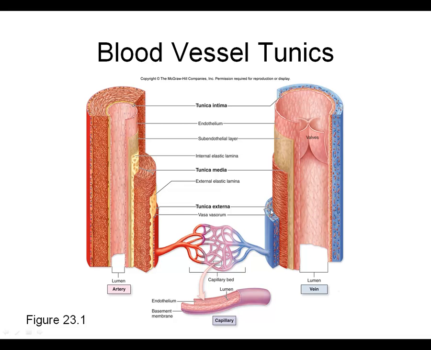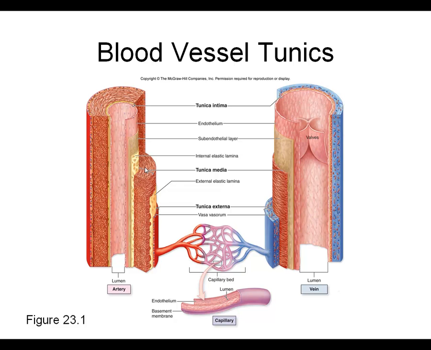It's going to house the vasa vasorum, and it's also going to house some nerve fibers, and those nerve fibers are very important in supplying the smooth muscles, the sympathetic innervation. In very rare cases, we will have direct parasympathetic innervation to these smooth muscles. Sounds good? That's our first layer.